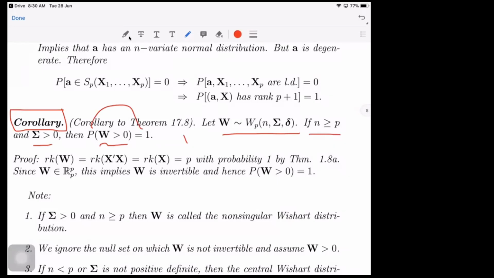So invertibility of a matrix, or being a positive definite matrix, assures us of an inverse of that matrix. There is a short proof that uses theorem 1.8a in the book, so that W will be invertible, and the assurance that it is invertible is with probability 1.